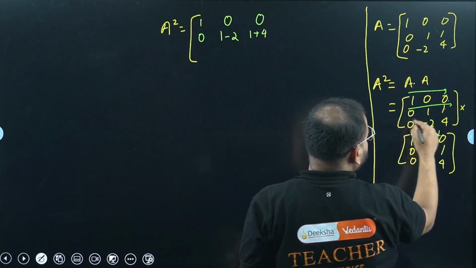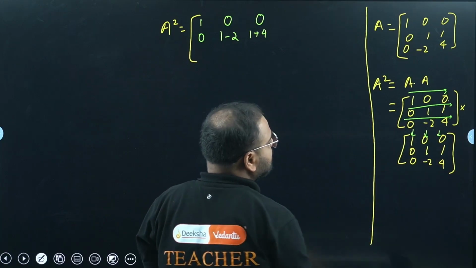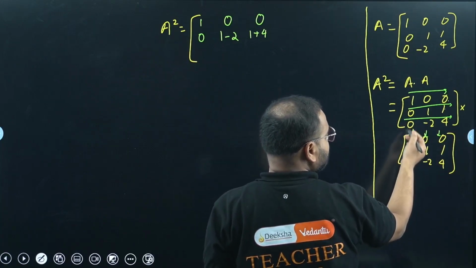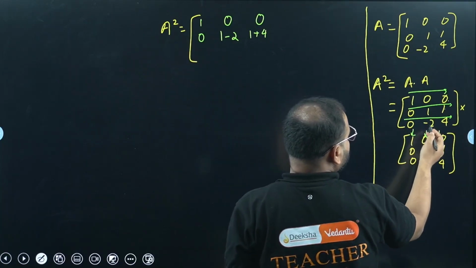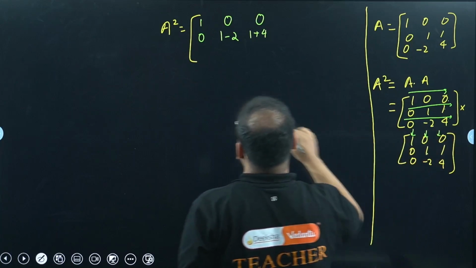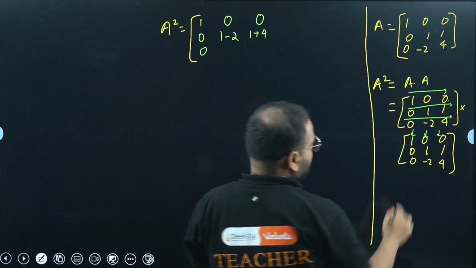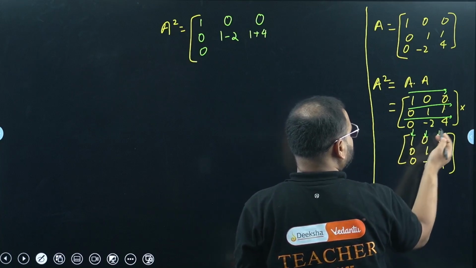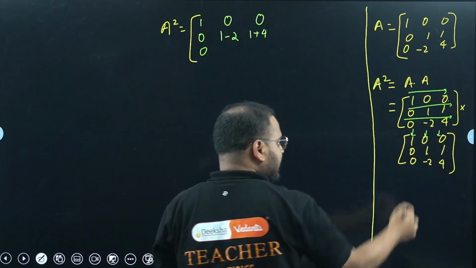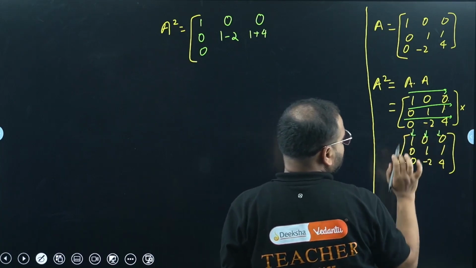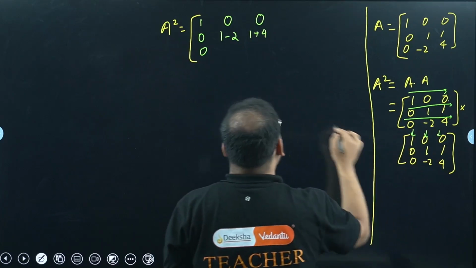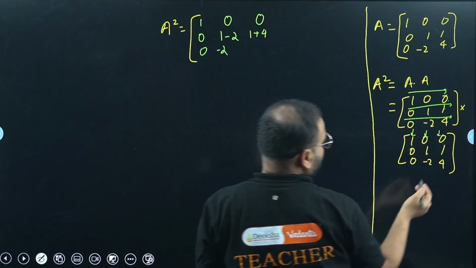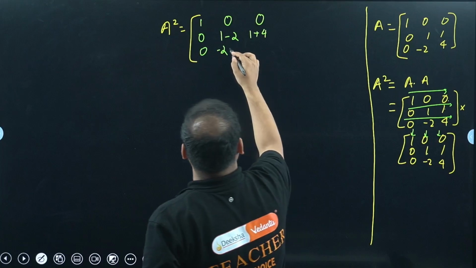Now the last row with all the 3 columns. 0 with 1, 0. Minus 2 with 0, 0. And 4 with 0, 0. So this is 0. Now third row with second column: 0 with 0, 0. Minus 2 with 1, so minus 2. And 4 with minus 2, so minus 8.